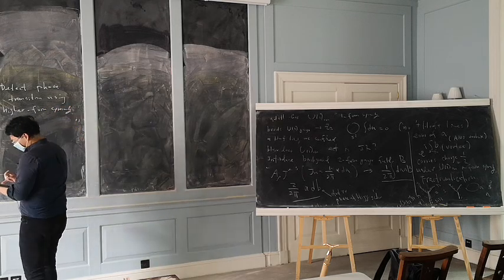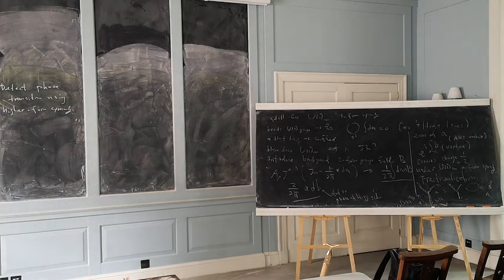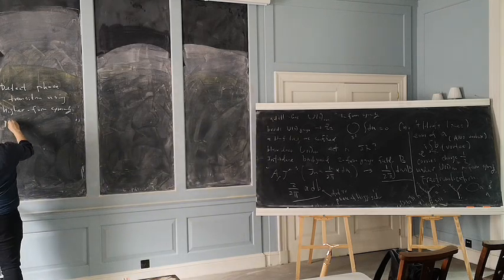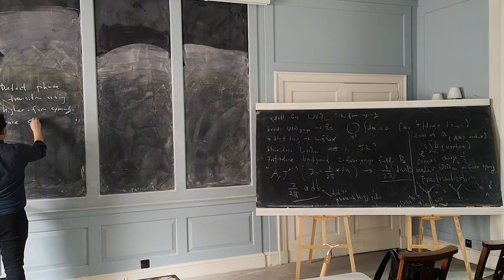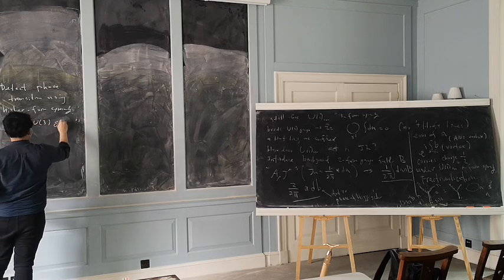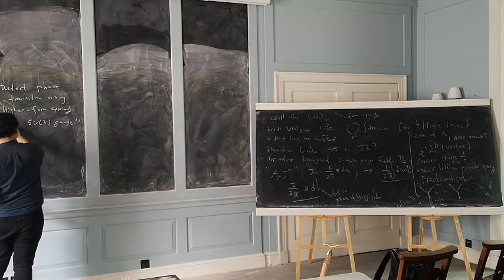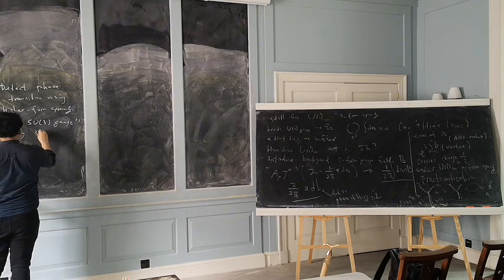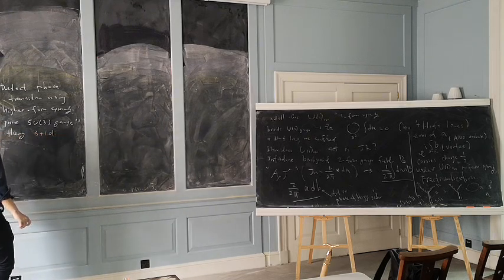Okay, so a classic example is QCD. So let's say you consider pure SU3 gauge theory, and let's say we are considering the theory in 3+1 dimensions.